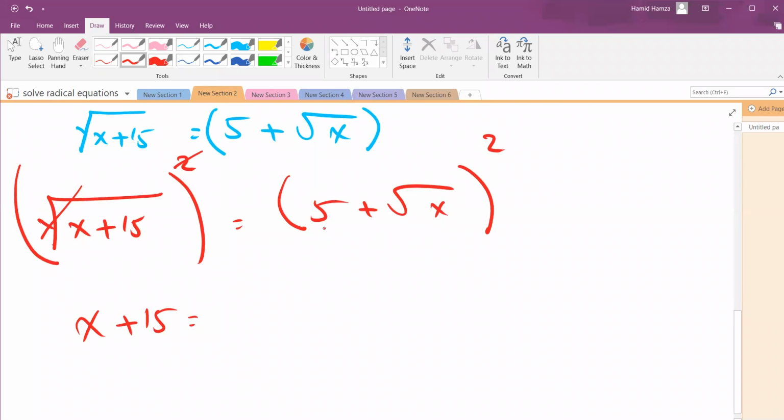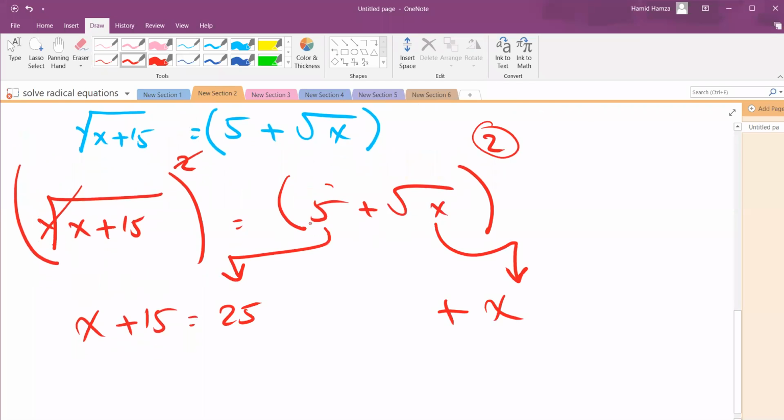Square this one: 5 by 5 is 25. Root x squared, or root x multiplied by root x, gives x. Then we multiply the first number by the second expression by 2: 2 multiplied by 5 is 10, multiplied by root x is 10 root x.